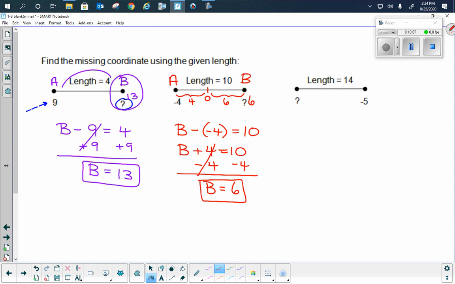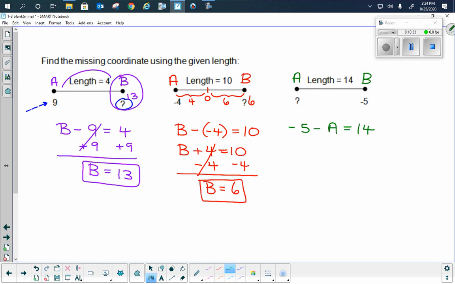All right, so what's different in this last one? Well, the only difference should be that if we call these A and B, it's just A that's missing, but the process is still exactly the same. Remember, it's always the bigger number, which is supposed to be on the right. So -5 minus A this time, right? That's what's on the left, equals length.